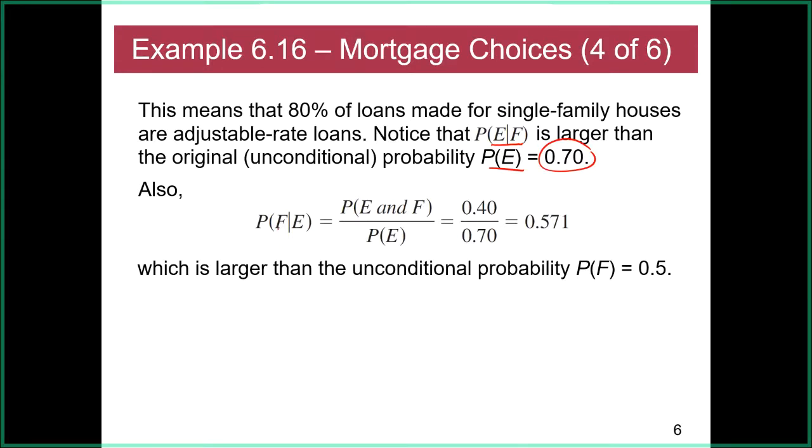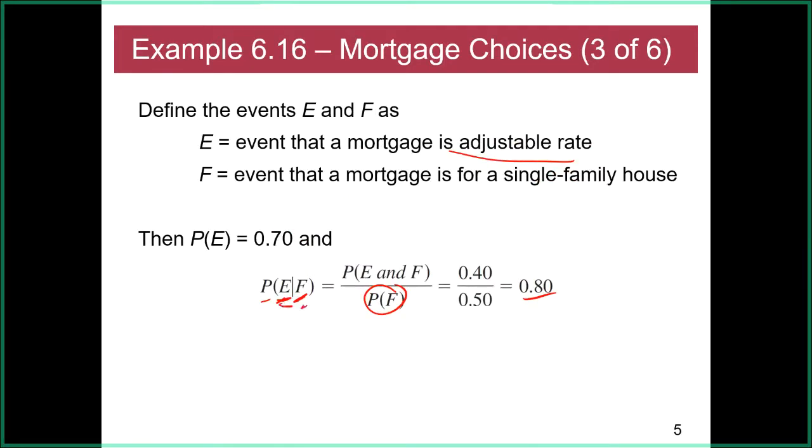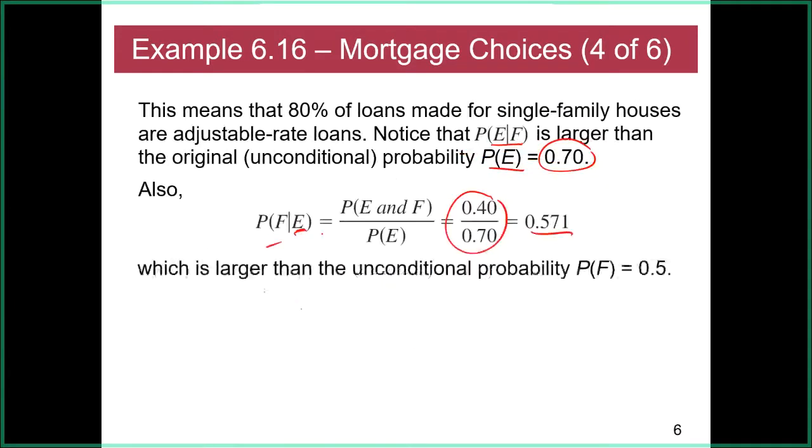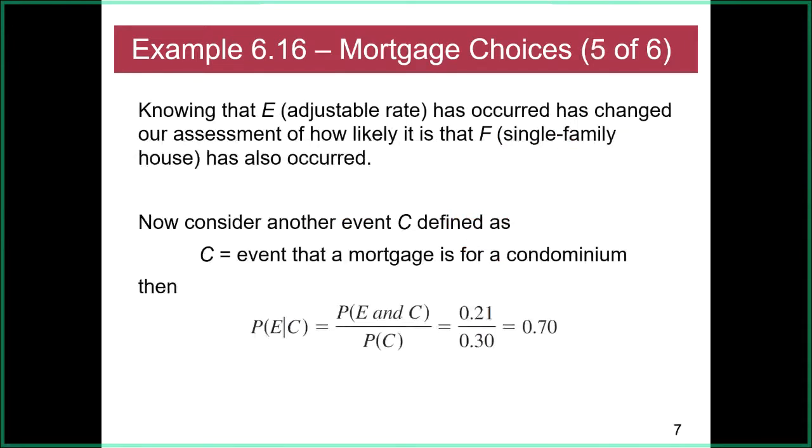If we look at the probability of being a single family house given that it was adjustable rate, it would be 0.4 over 0.7, which is 0.571. That's just reversing it. Here it was E given F, here it's F given E. Notice the top number stays the same because that top number is just E and F. The bottom number changes because we're looking at a different section of the entire population.